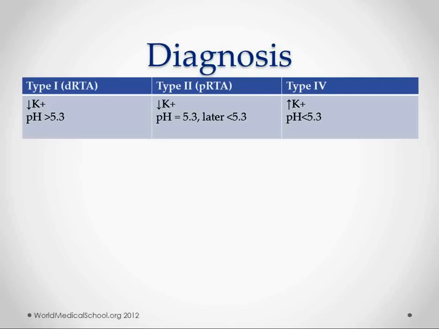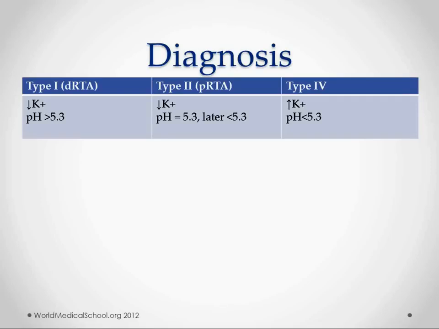But once you figure that out, then let's look at the potassium, because potassium is going to be low in type 1 and type 2. And potassium is going to be high in type 4 renal tubular acidosis. So once we figured out that let's say we have low potassium, then how do we figure out if it's type 1 or type 2?